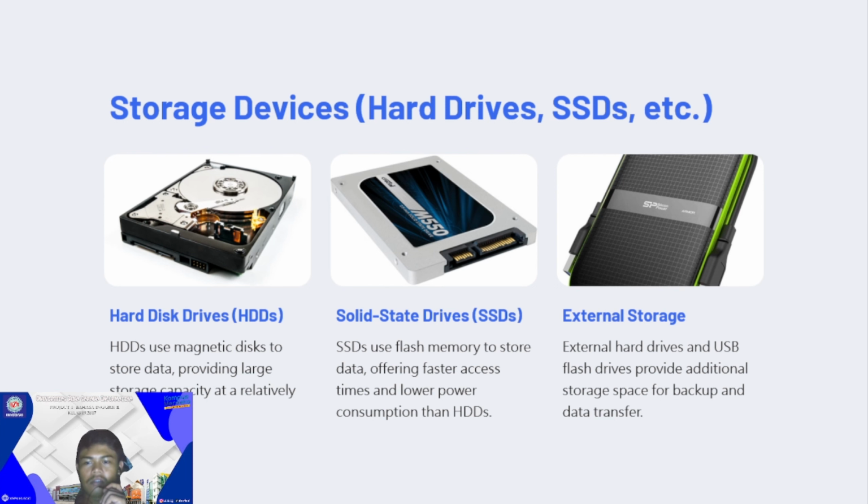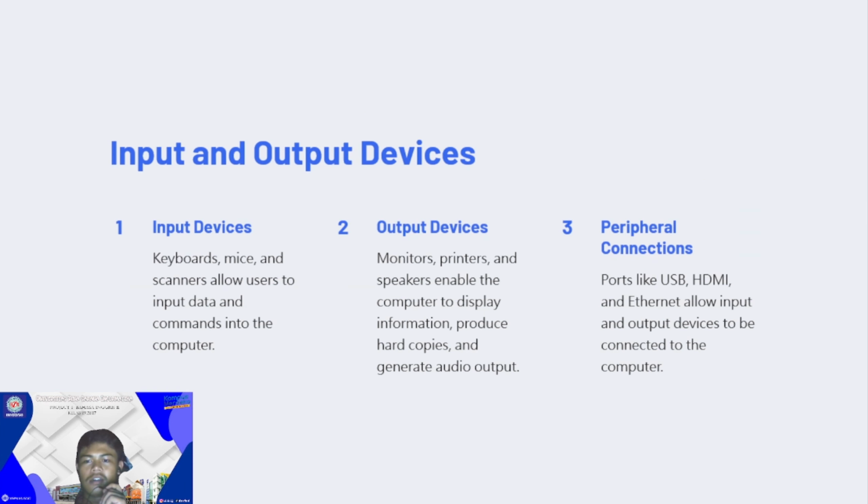Continue to the next slide, which is input and output. Input is data or information that is entered into a computer system or program. Input can come from various sources such as a keyboard, mouse, scanner, and other devices connected to the computer.